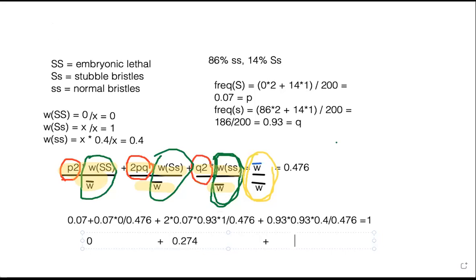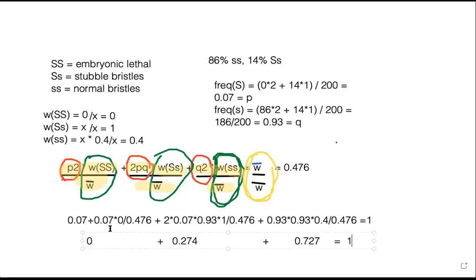And that is 0.727 is what I got. Okay, and the sum of all of those should add up to 1. It does, close enough. There's a little bit of round off error in here, so this adds up to 1.001, but that's just error induced by rounding off.